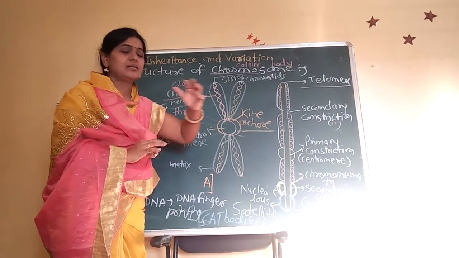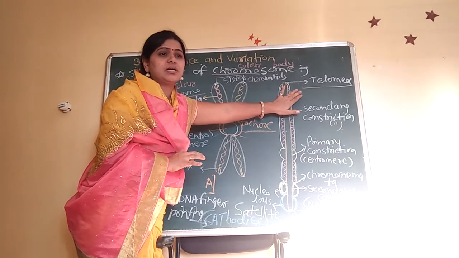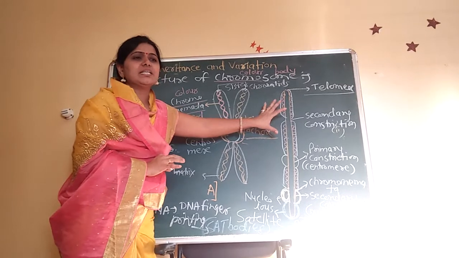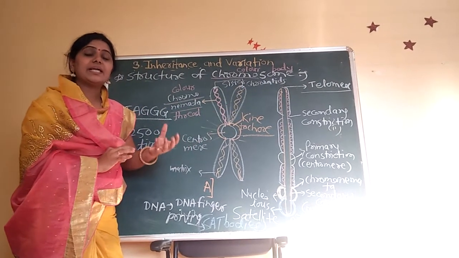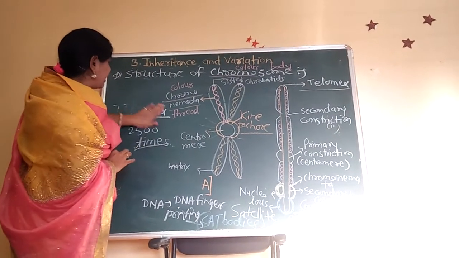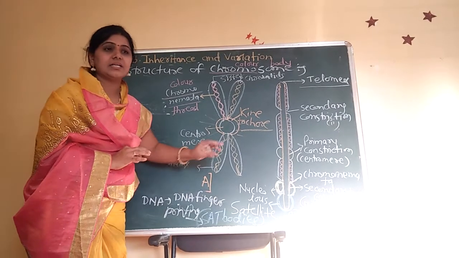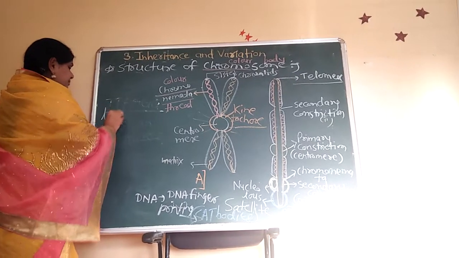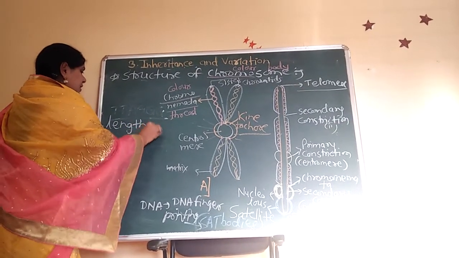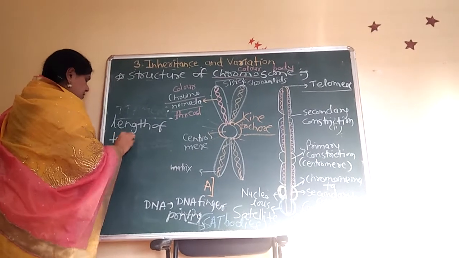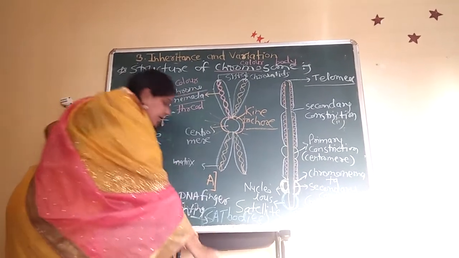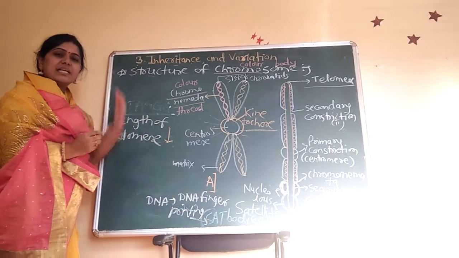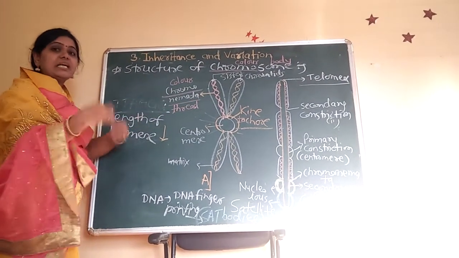One more thing about telomeres: they help in calculating age. The length of the telomere decreases as the person's age increases.